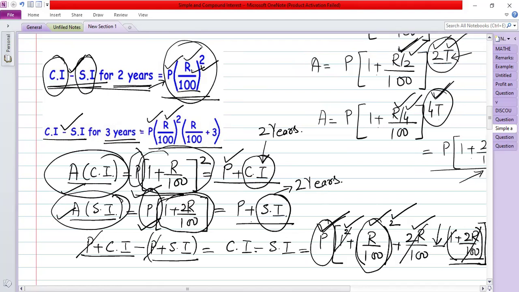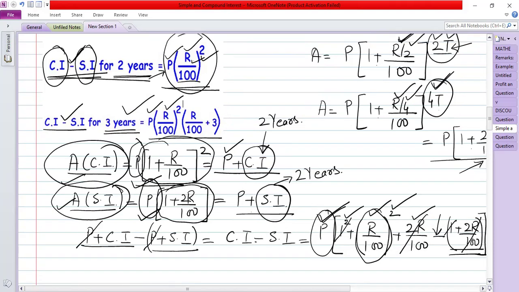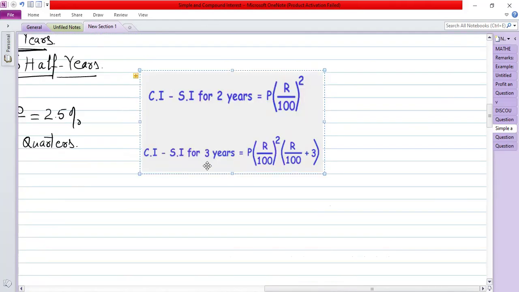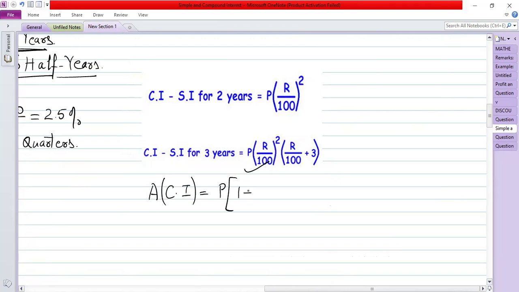And on the same lines, we can derive this formula also. Obviously, the calculations will be a bit lengthy, but the basic will be the same. The amount after 3 years in case of compound interest will be P (1 plus R by 100) whole raised to power 3.